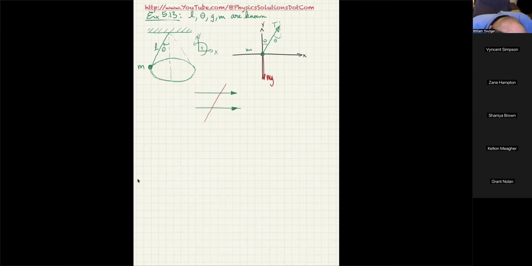For parallel lines, alternate interior angles are equal.